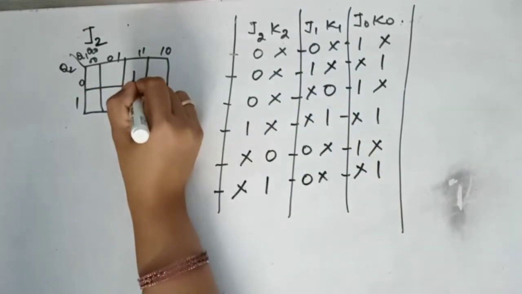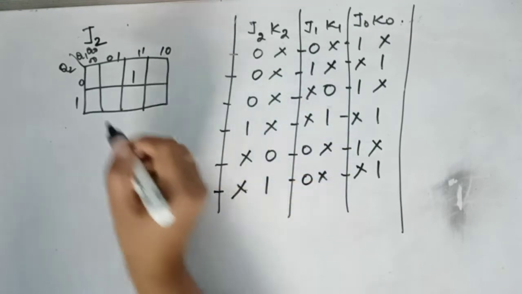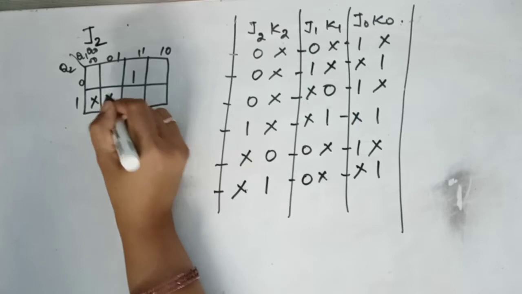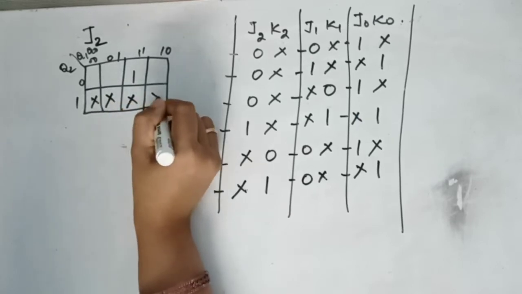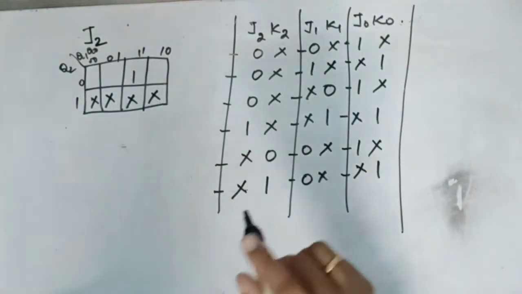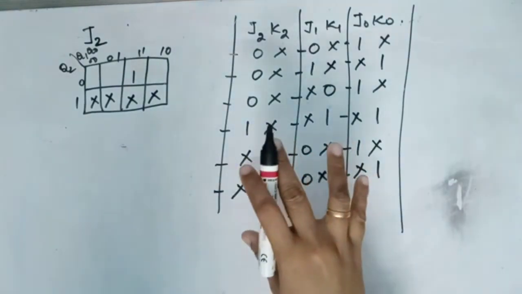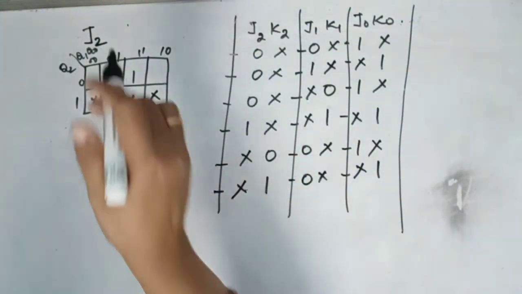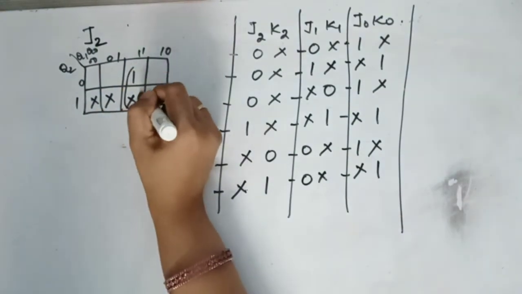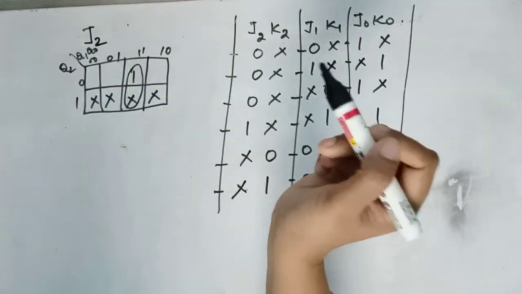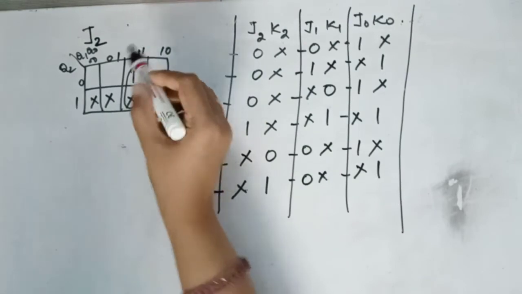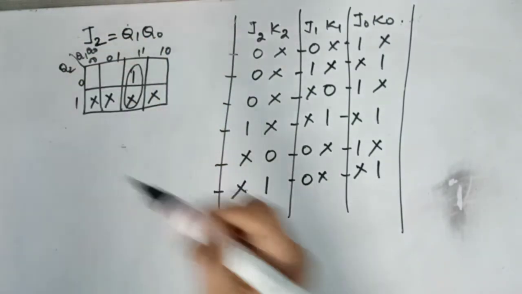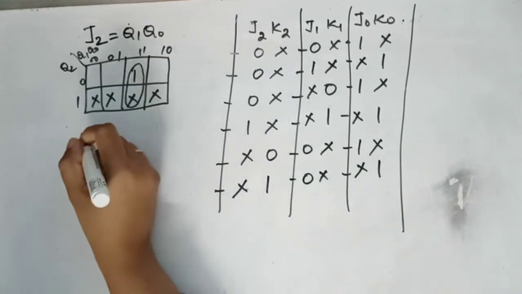So for 3, then 4 and 5 it's don't care. 6 and 7 we know it is don't care. Why? Because those are unused states, invalid states. So we are putting don't care there. So here it is like this. So that is Q1 Q0.